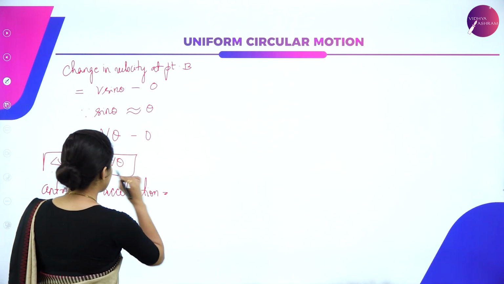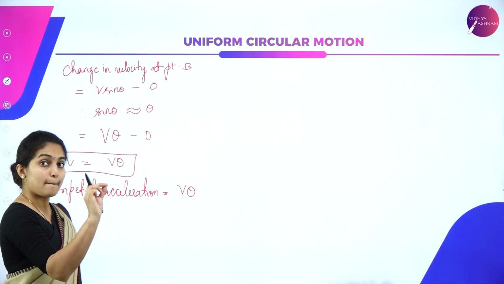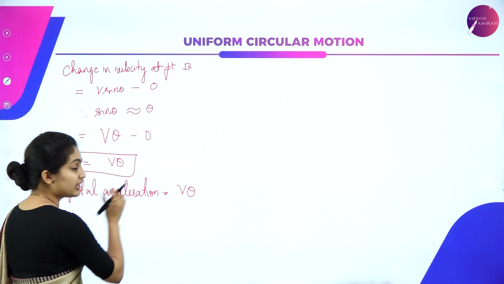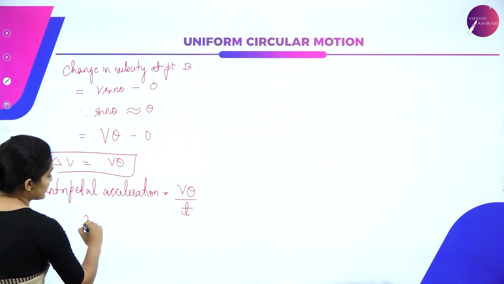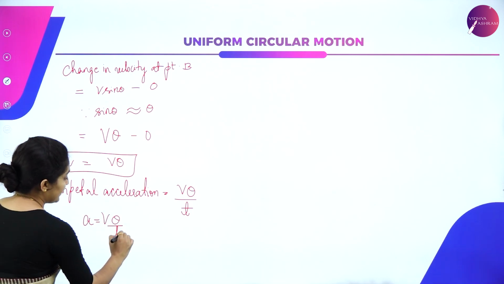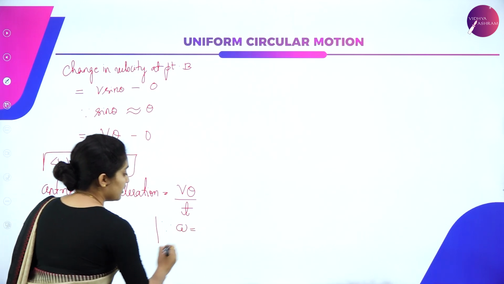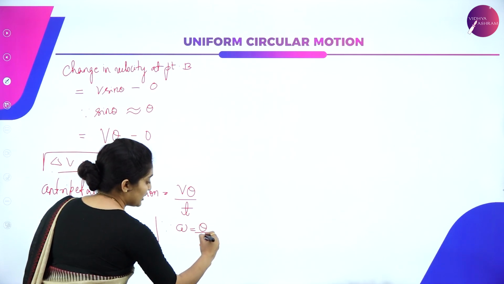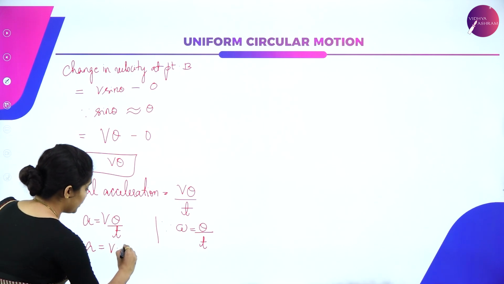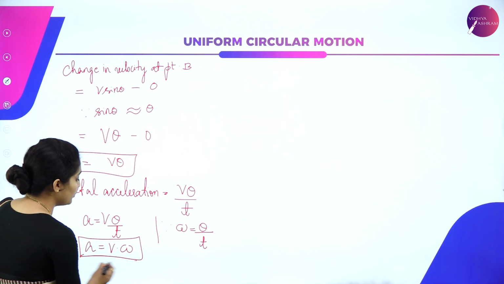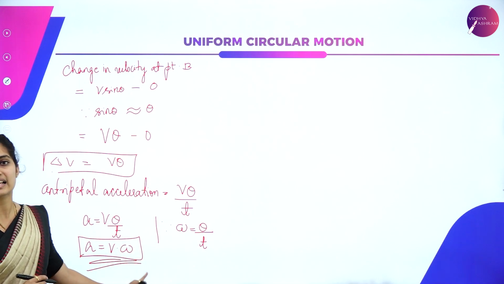The change in velocity is this V theta, so we have V theta divided by t. So acceleration becomes V theta by t, and we already know that omega, the angular velocity, is angle by time, omega equals theta by t. So A is equal to V into omega. This is the equation for centripetal acceleration.